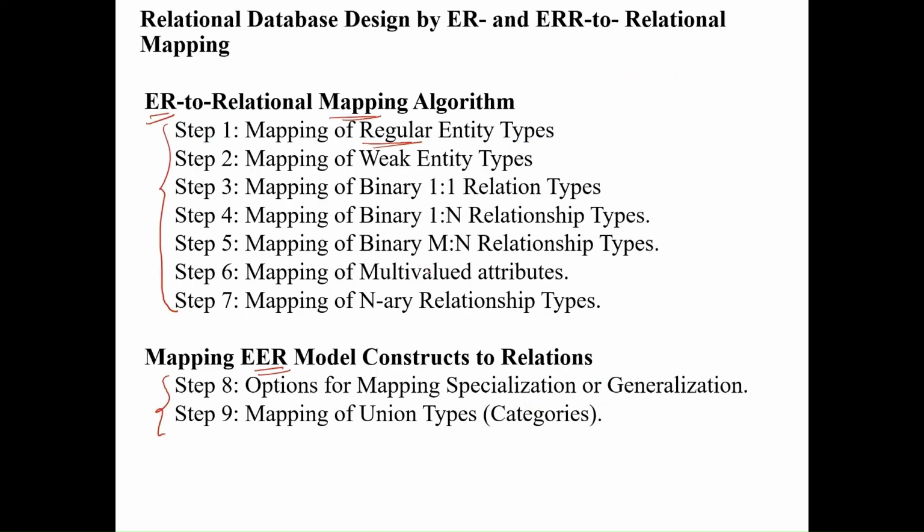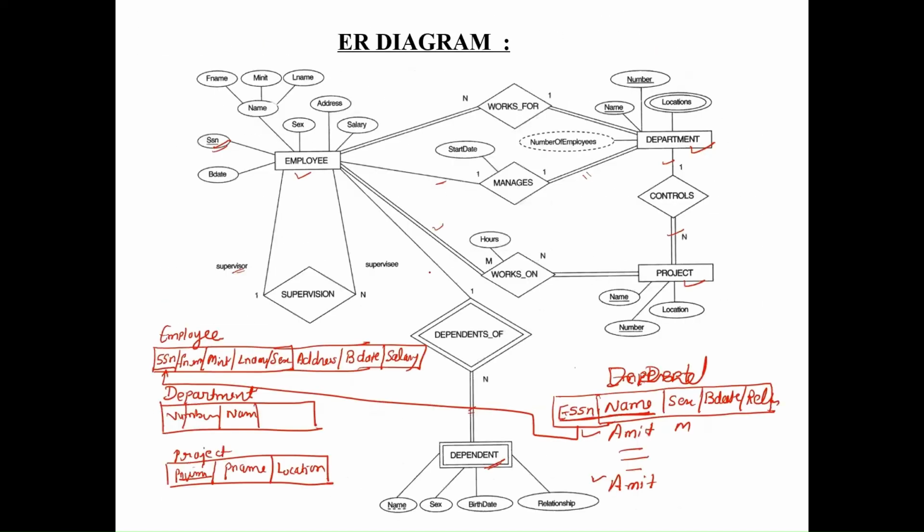Now see the ER diagram of the company database. Many employees work in a particular department. So the rule says that when there is a many side entity, here employee, many employees work in a particular department, then the primary key of the one side, that is D number, can be added as a foreign key in the employee.